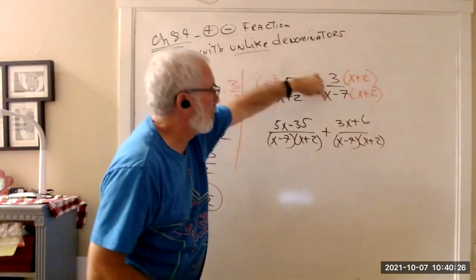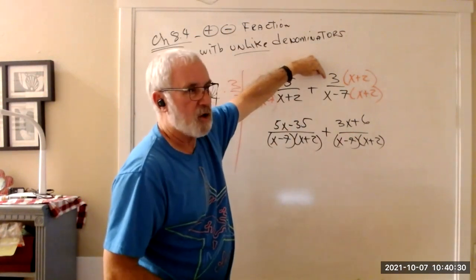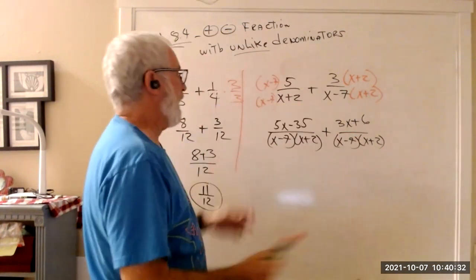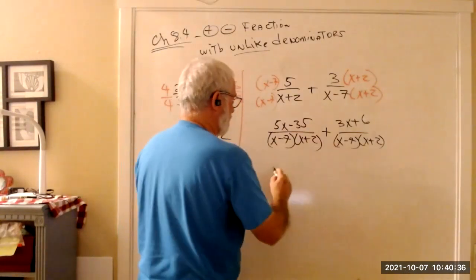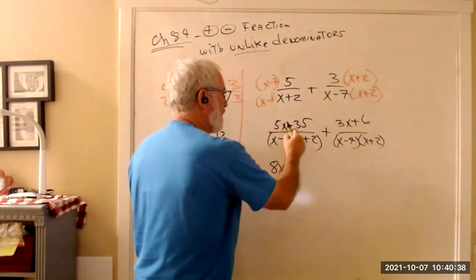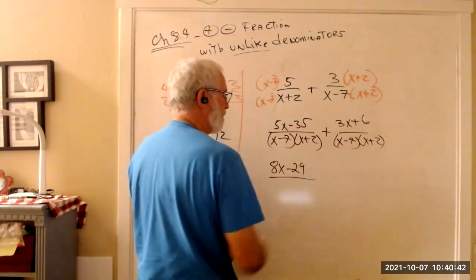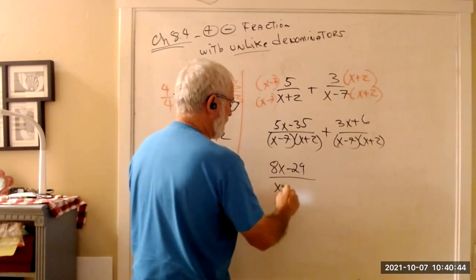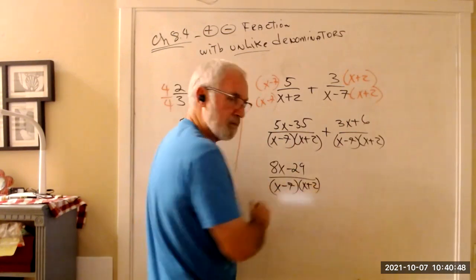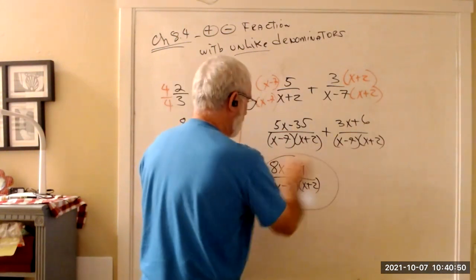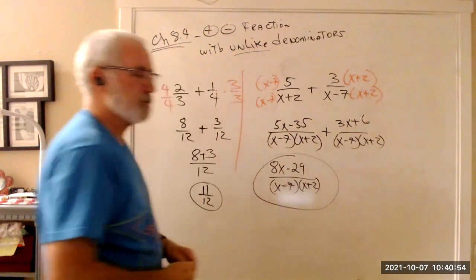I used the other denominator as a guide to help me multiply. Add things together: 5x and 3x, I'll skip the steps, gives me 8x. Negative 35 plus 6 is minus 29. And I keep the denominator, x minus 7, x plus 2. And that's the final answer.